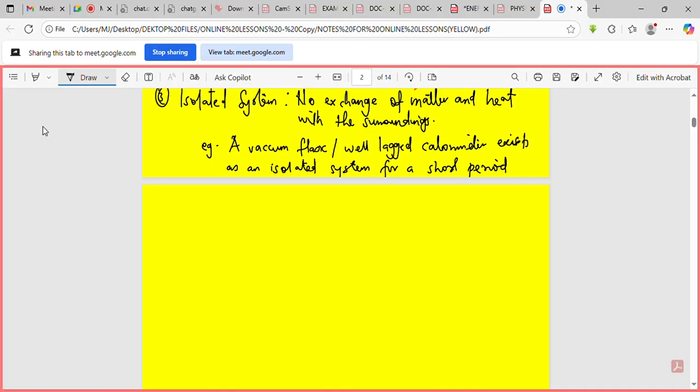Now, when we say it is lagged, what does it mean? What it simply means is that we cover the calorimeter with an insulating material like, let's say, foam, so that there will be a denial of heat transfer between the system, which is the calorimeter, and the surrounding.